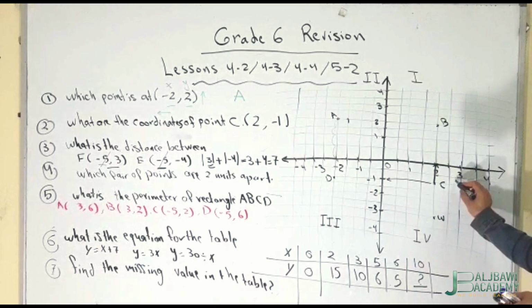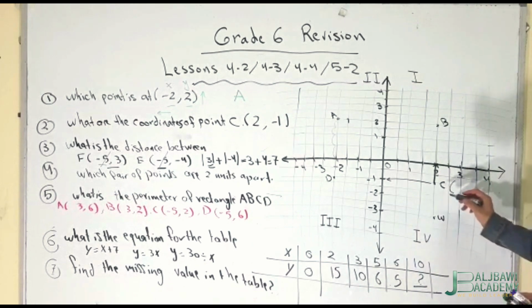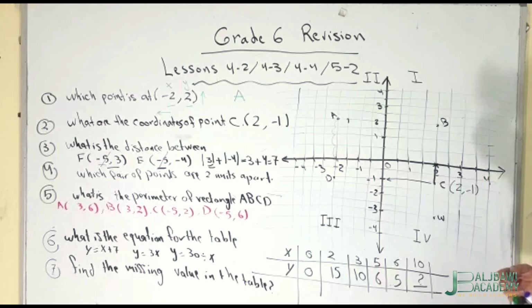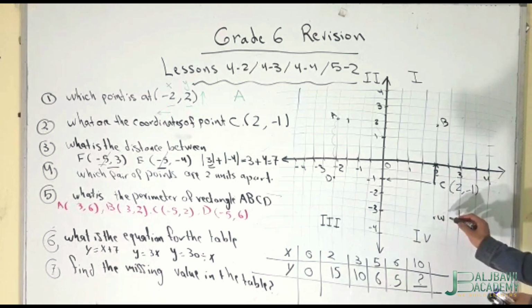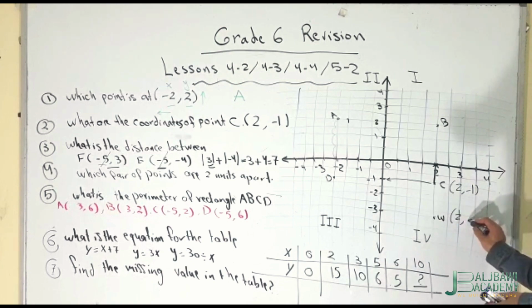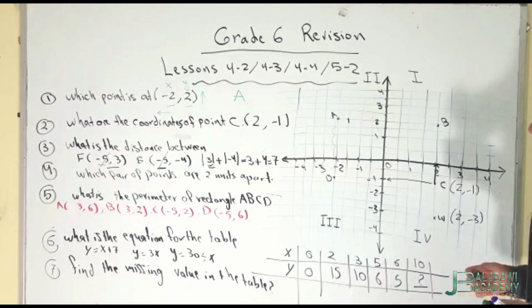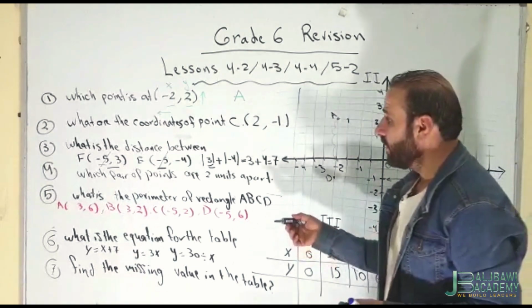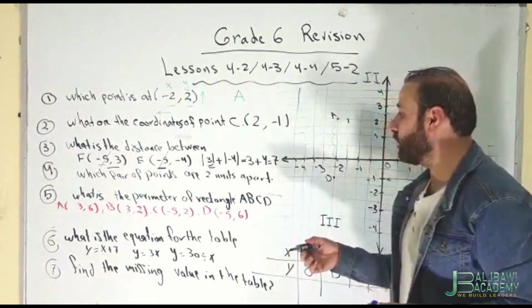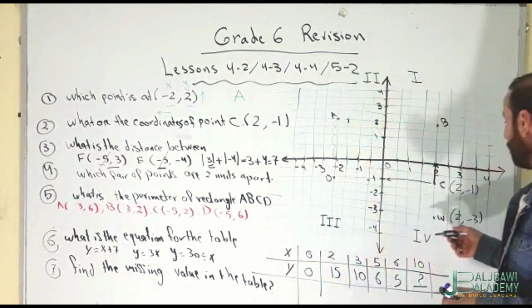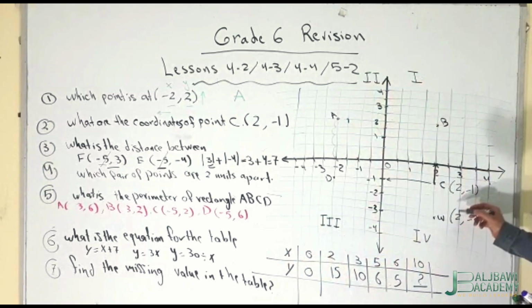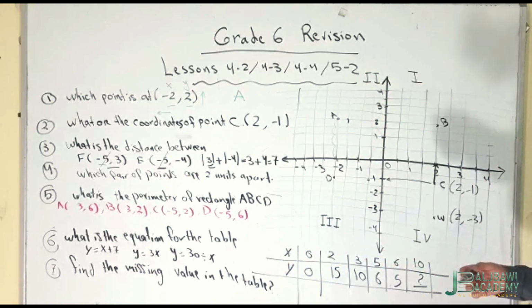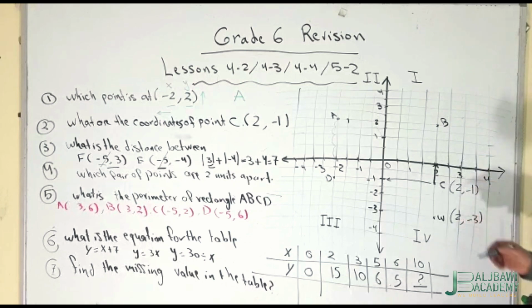The coordinates of point C are (2, -1), and W is (2, -3).